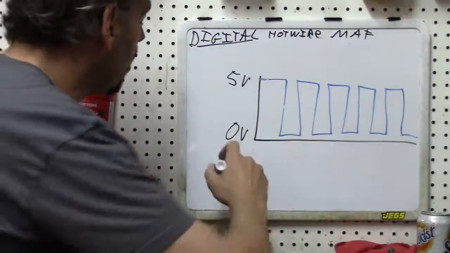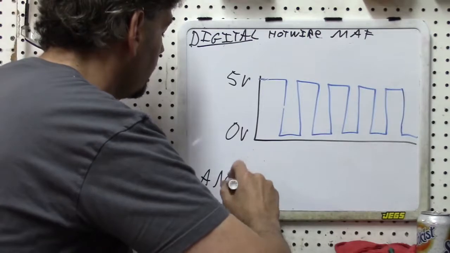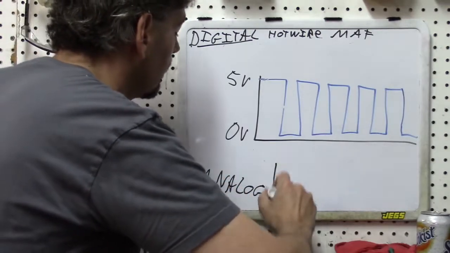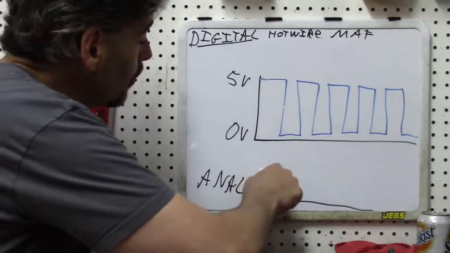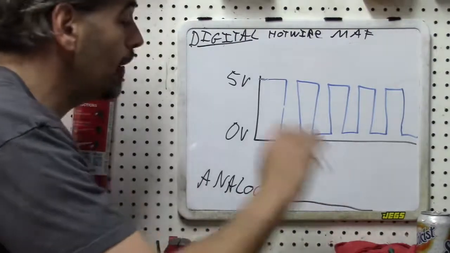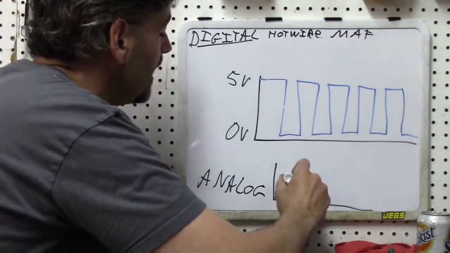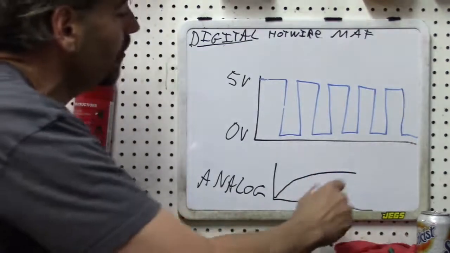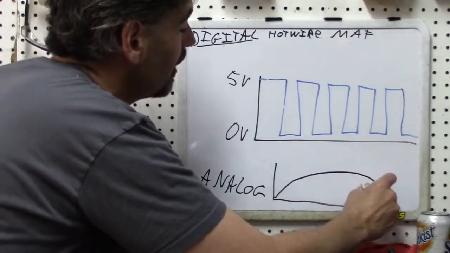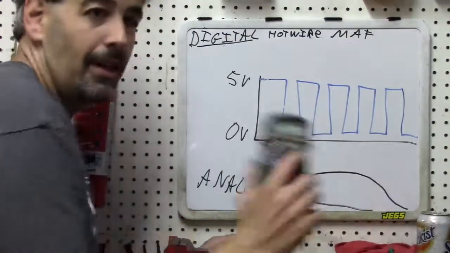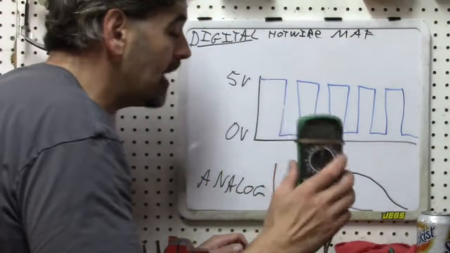So for example, on an analog, if we were to manually turn a TPS, or if we were to step on the throttle pedal to slowly change our voltage and increase it, and then let off to decrease it, this is fast enough that we can do that.